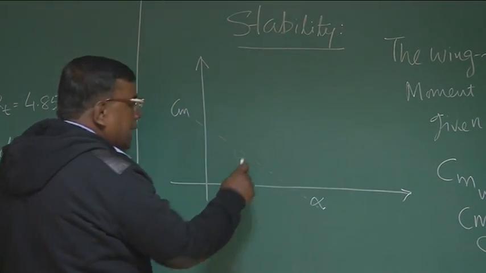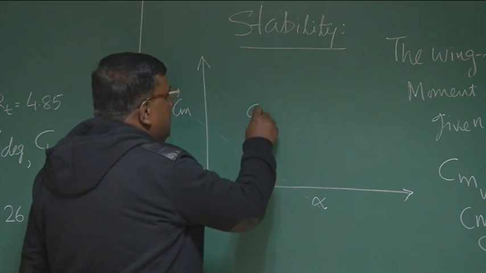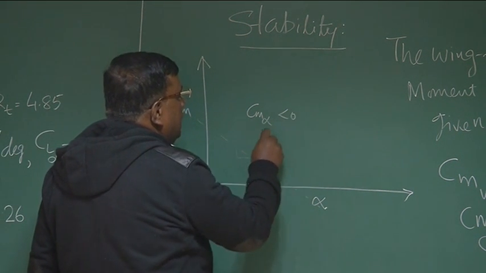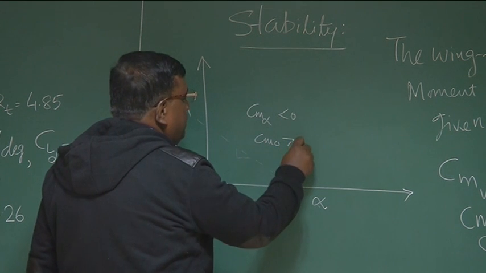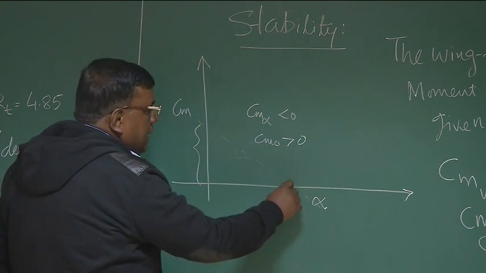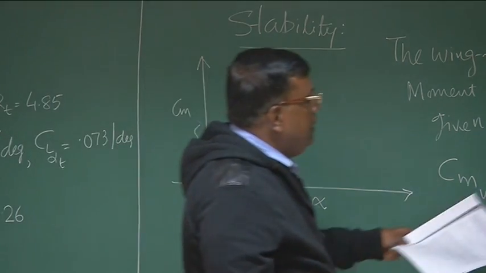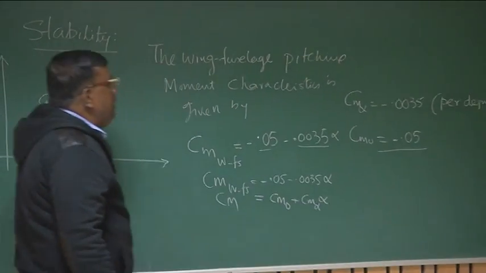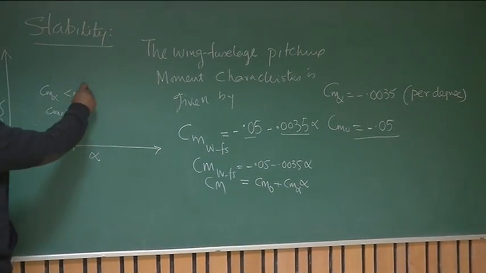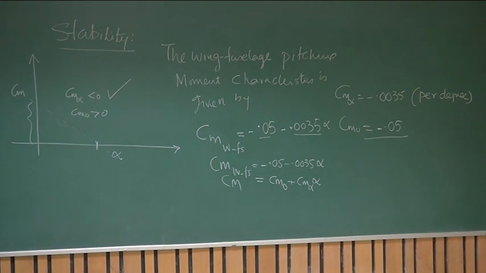That is, the slope Cm alpha should be negative and Cm naught should be positive. Then only I can trim at positive alpha for most of the cases, right? This part is clear? But if I try to see this here, yes, Cm alpha is minus 0.0035, so Cm alpha less than 0 is satisfied.